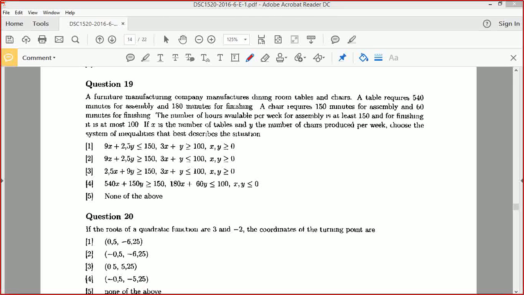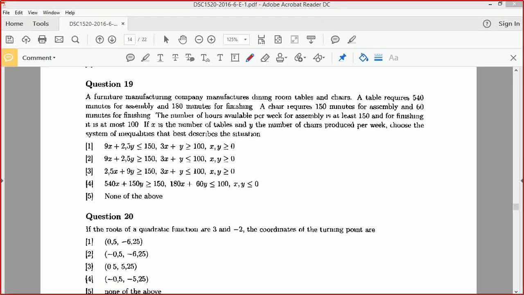Okay, the number of hours available: how many hours do we have available per week for assembly is at least 150. So we've got 150 hours available for assembling, and for finishing it is at most 100 hours. So we've got 100 hours available to finish.